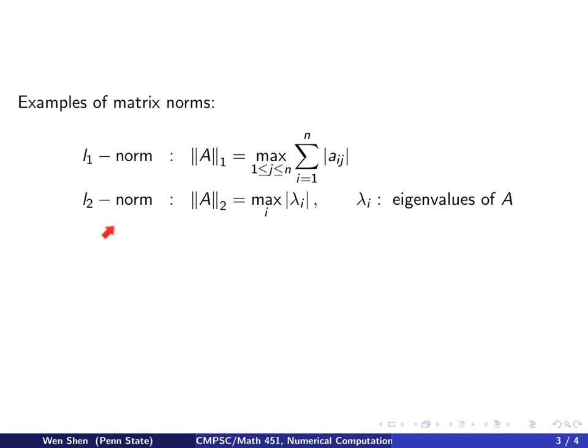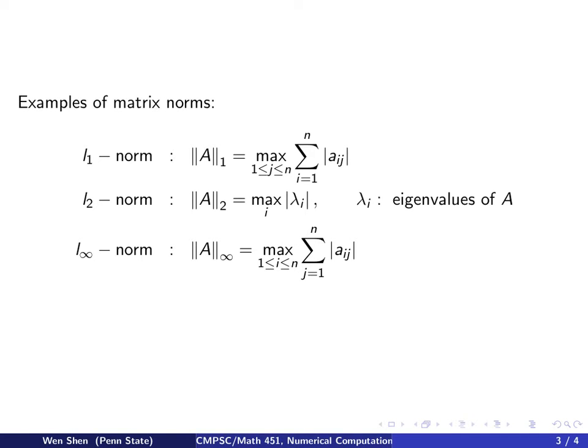Now the L2 norm corresponding to the L2 vector norm is the following. You take the maximum over the lambda i, where lambda i is an eigenvalue of A. This norm is more interesting because it gives me a chance to talk about eigenvalues.